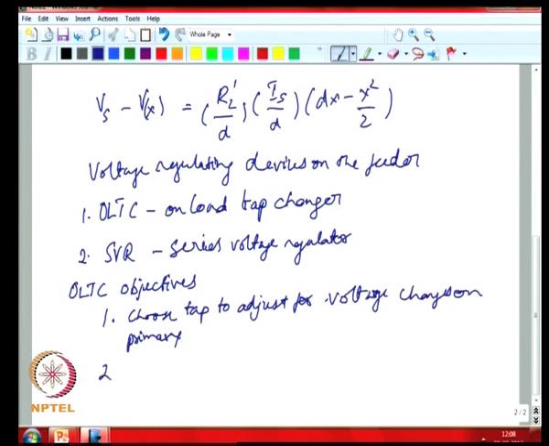So, the second objective might be to regulate the voltage at say 30% point.